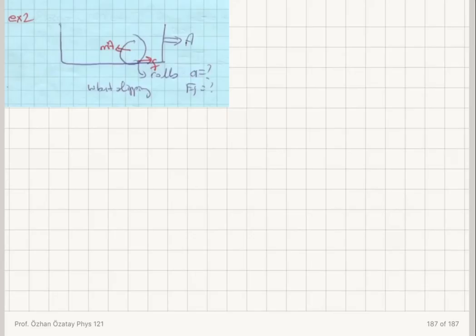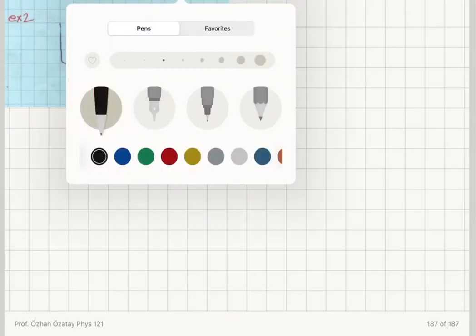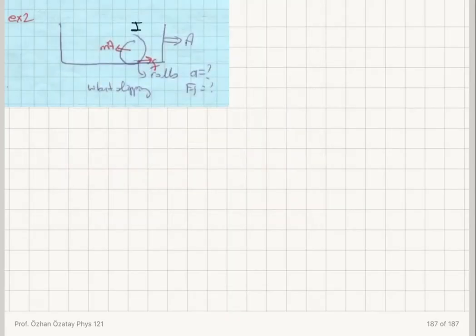Okay, let's move on to another example. So here I have an object which is inside a moving car that has acceleration a. This is rolling without slipping, and it has a moment of inertia I, I don't know what it is. So I want to know what is the acceleration of this object and what is the force of friction, direction of force of friction.